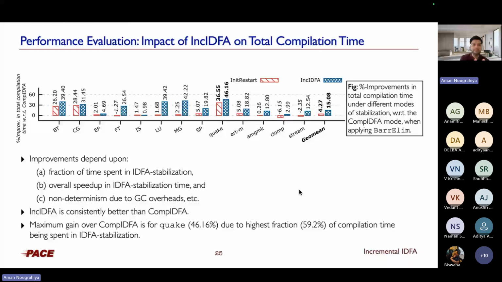For example, removal of some instruction from a basic block in your case. After that, if I'm trying to read the dependence information, homeostasis will automatically ensure that the results have been stabilized. The work we discussed today is more about how that stabilization can be made better, because the default approach would have been comp IDFA, which is inefficient.